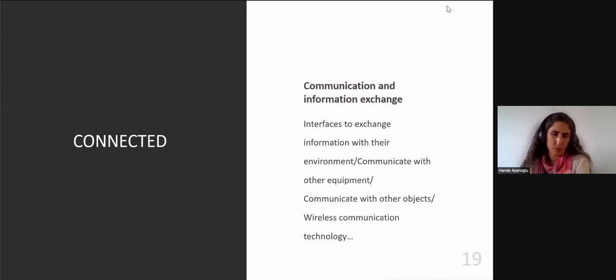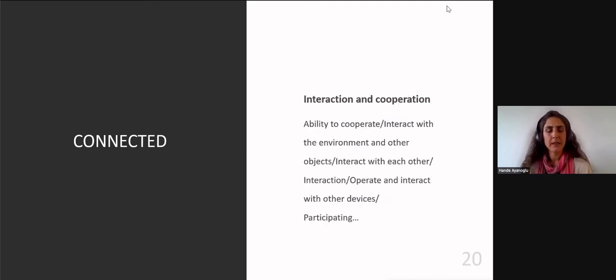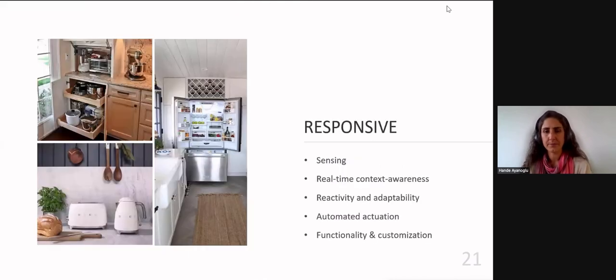Another thing for connected products is that they have to have communication between themselves, or an interface so that they can communicate, or the product can communicate inside itself. Another one is interaction, so they have to have the ability to cooperate, or to operate and interact with other devices.